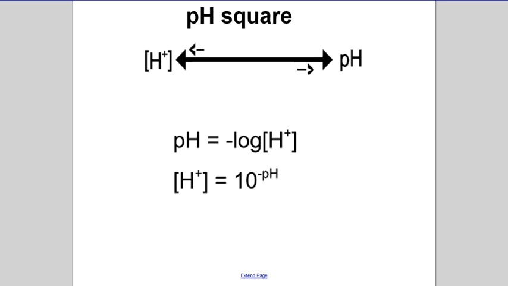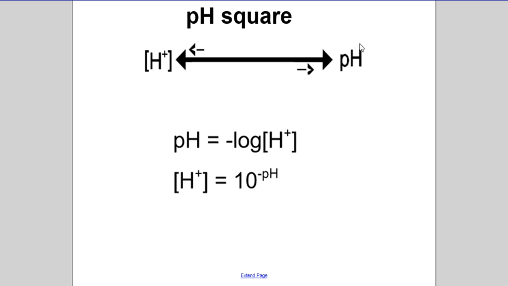So how to actually calculate pH? Well, I keep telling you it's the negative log, so you can go back and forth. If you know the concentration of H plus, so that's where all that molarity stuff comes in, then you can just follow this arrow right here, which is this equation right here.